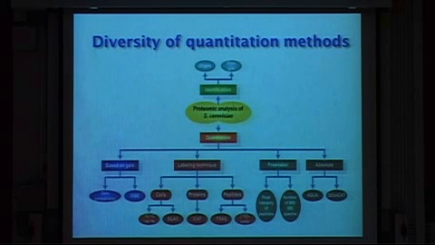When one is trying to make measurements of the proteome, there are a number of different approaches one can use to quantify what's happening, and they're listed down here. I won't go into them too much, except to say that for high throughput experimentation, we mostly use an isobaric mass tagging approach.